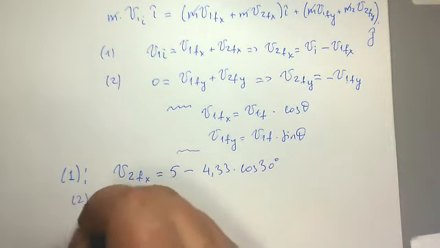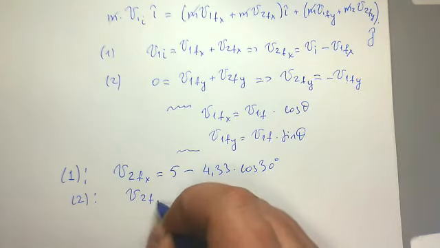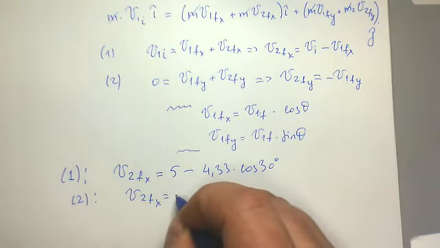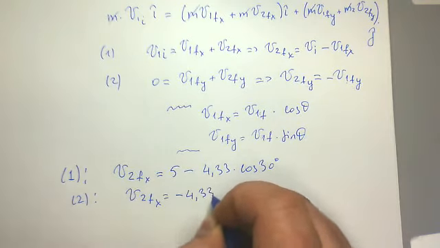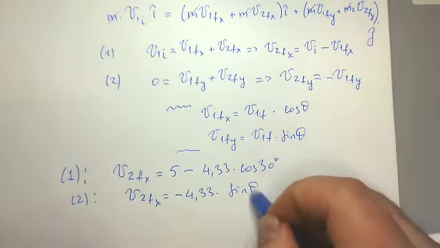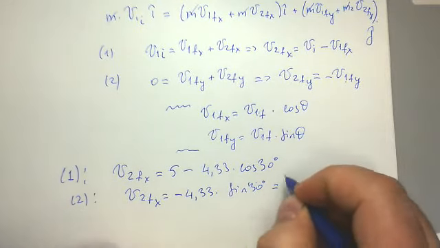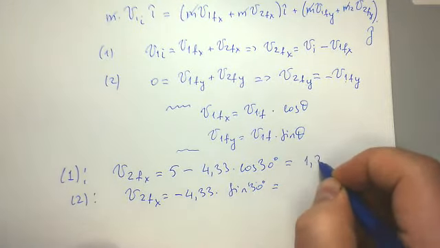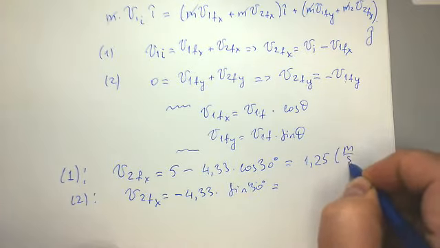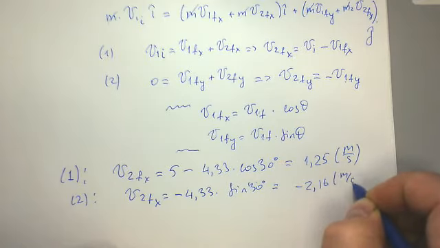Okay. From equation 2, we can say that the Y component of the velocity of the second ball equals minus 4.23 times sine 30 degrees. So the absolute value here is 1.25 meters per second. So here it's minus 2.16 meters per second.